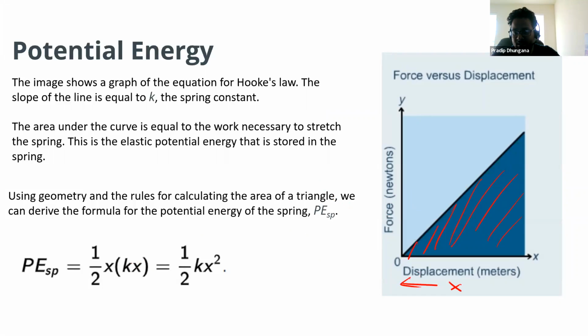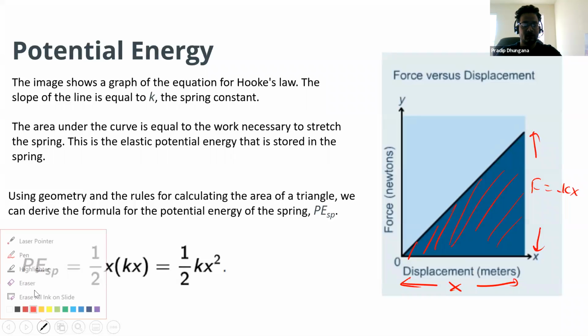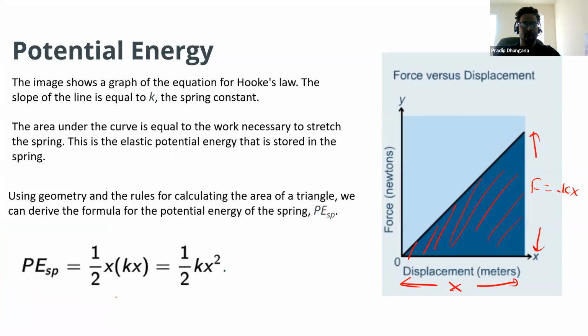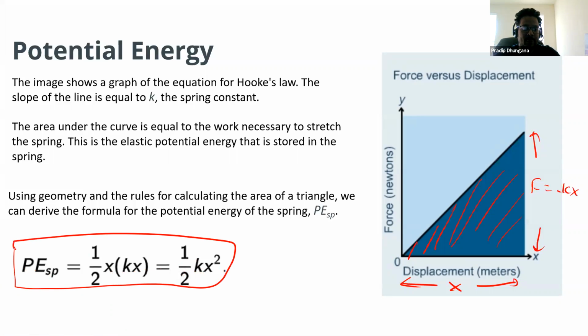Here the base is x, the displacement, and the height is the force, negative k times x. We'll ignore the negative sign because potential energy is a scalar quantity. So 1/2 base times height becomes 1/2 k times x squared. So that is the potential energy.